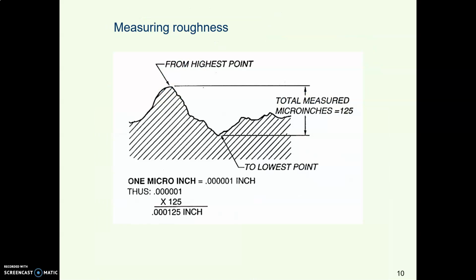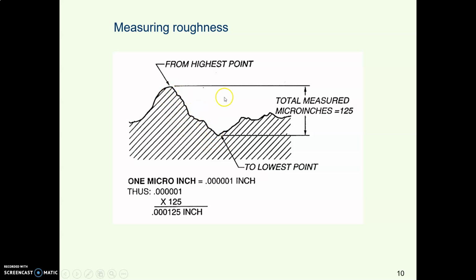So what are we measuring when we measure this? If you get a microscope and you look up close at a cross-section of the surface you're talking about, it won't be smooth. It can't possibly be, because there are no perfect parts. It will be bumpy. And when we give our surface finish in millionths of an inch, we are talking about from the highest peak to the lowest valley.